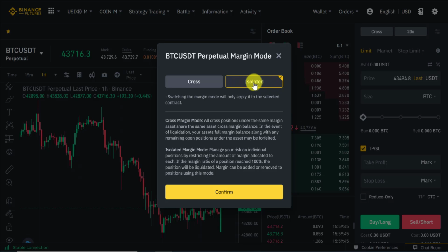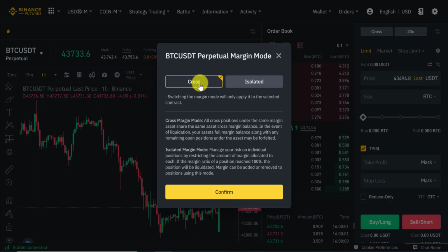That order will be closed, even though you still have more money on your account. But you have allocated some portion of your balance for that particular trade. So that market will close out, and that's the end of that particular trade.